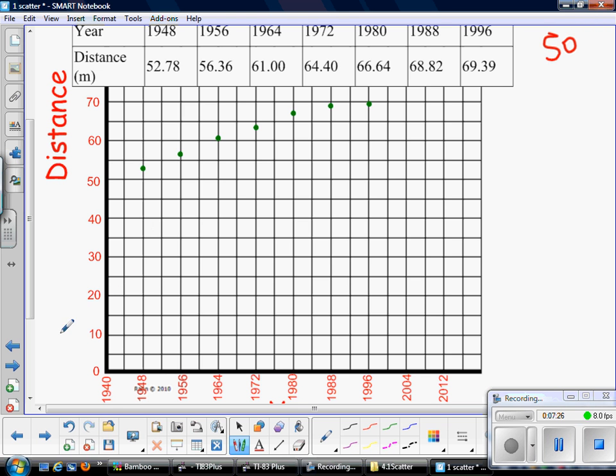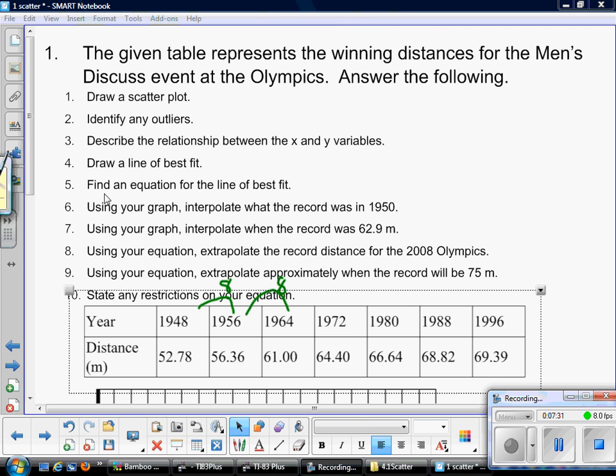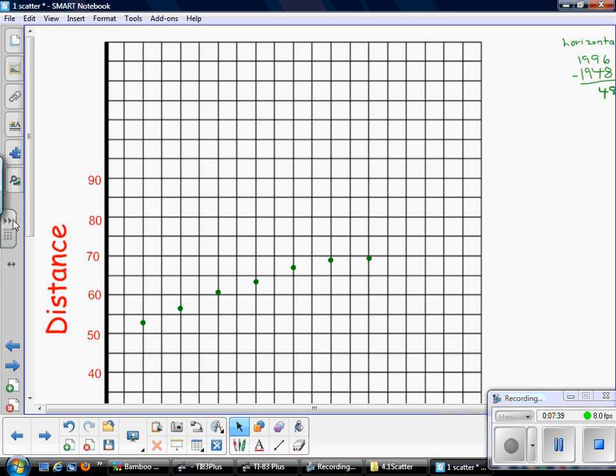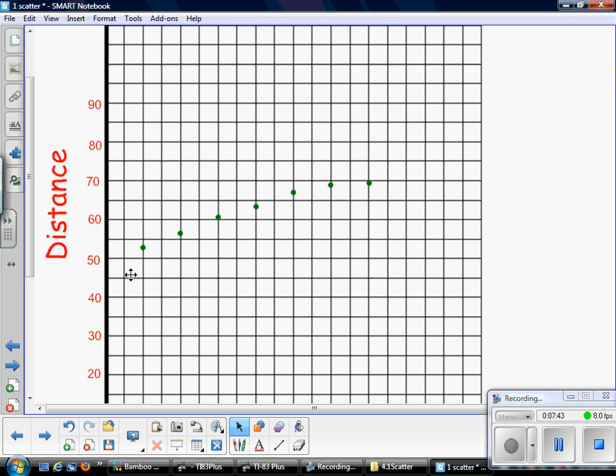So now let's see what they expect us to do next. According to the question, it says draw a scatter plot, identify any outliers. So let's look at our graph. Do we have anything that is really outside of anything else? I kept it zoomed pretty much so that we could see. It kind of looks like it's going up like this.